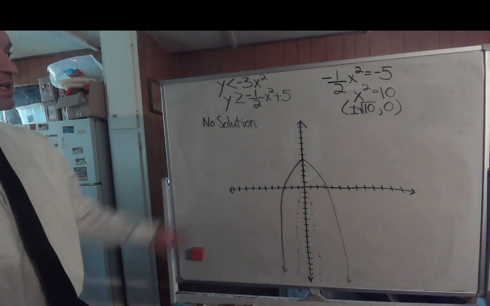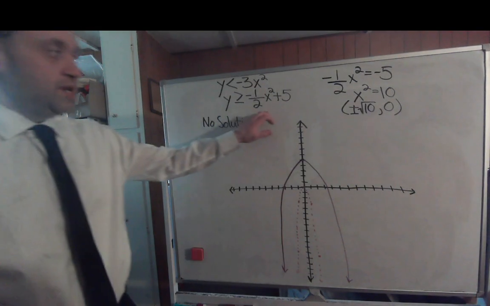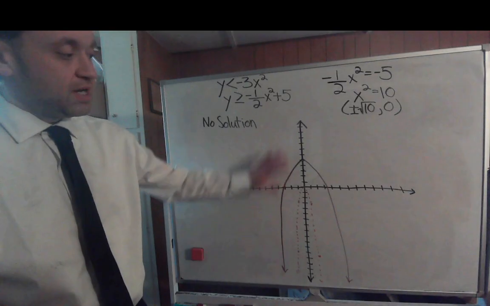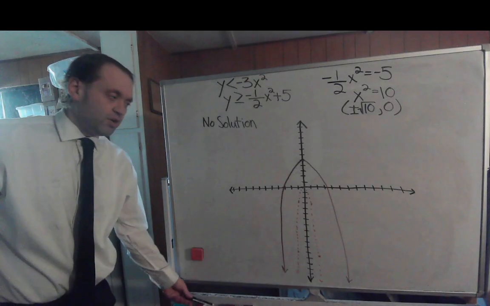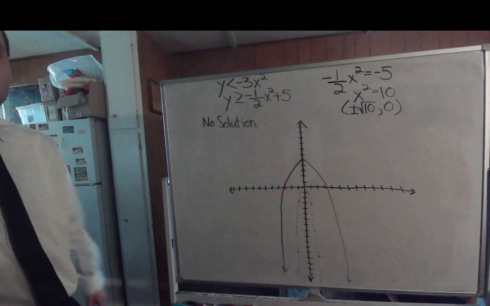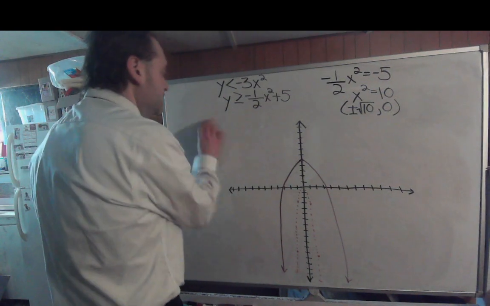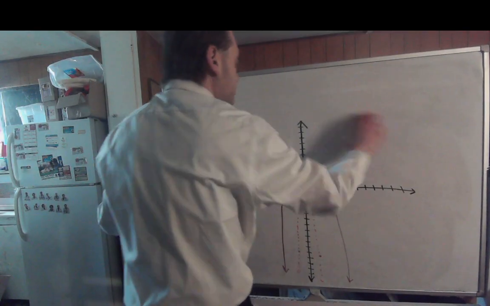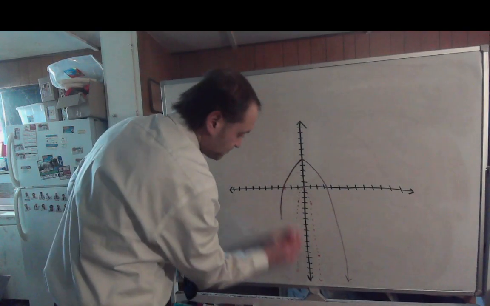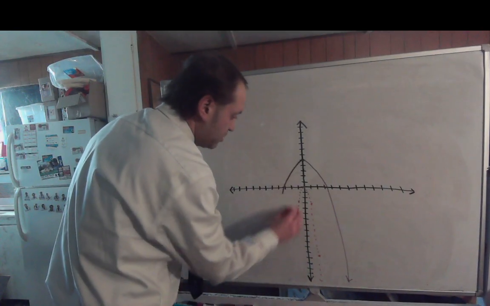But that would violate the y is greater than or equal to negative half x squared because that would be above the parabola. So you need to find the region that meets both solutions, and there just isn't one. I mean, there simply isn't one. So sometimes you will have that when you're graphing these. There's no region that meets both criteria.